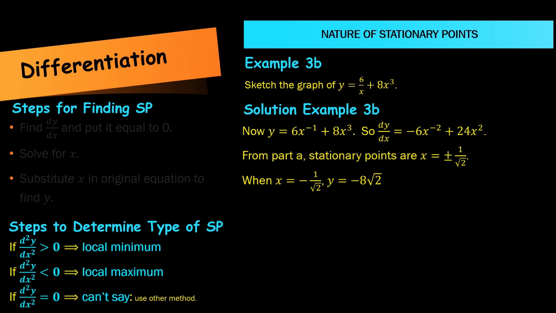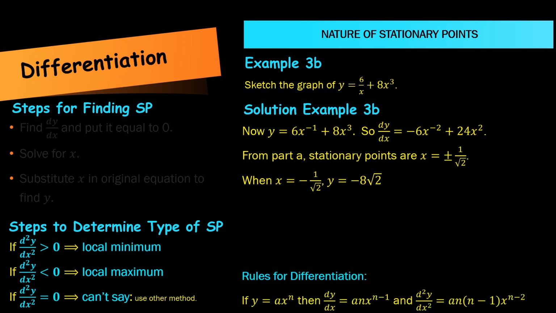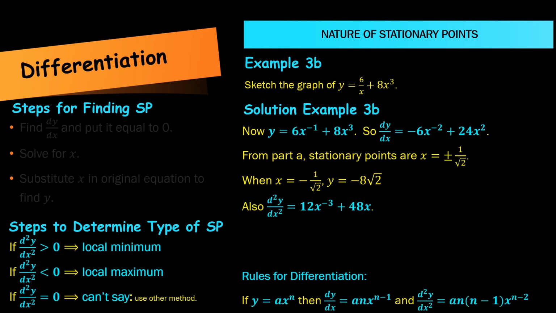Now let's differentiate again in order to find the nature of this turning point. So differentiating again gives us d²y/dx² equals 12x⁻³ plus 48x.